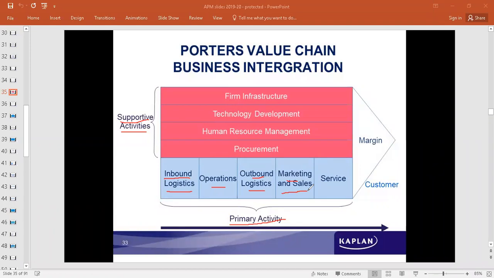If it is sold in wholesale markets or retail markets, from there it has to go to the retailer, and from the retailer it has to be delivered to the retail customer. So this is the whole set of activities where the finished goods are ultimately delivered to the customers. So, marketing and sales activities.